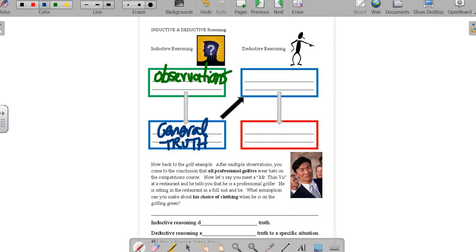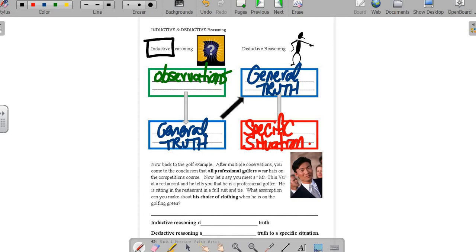Now, if you take a general truth and you apply it to a specific situation, that is called deductive reasoning. Inductive, you discover truth. Deductive, you apply truth.